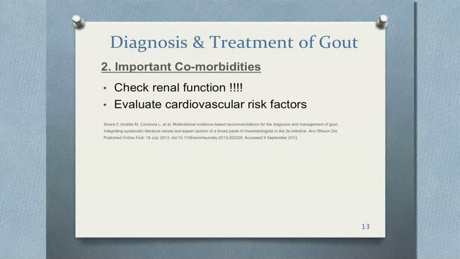And the next, and extremely important, is when you have someone with gout, it's an opportunity to review the comorbidities which are associated with gout. You can see that I put exclamation points after check renal function because this is important for two reasons. Already I mentioned that impairment of renal function can be a cause of the hyperuricemia, but also when treating gout, we have to be careful with our medications if there's an impairment in renal function.